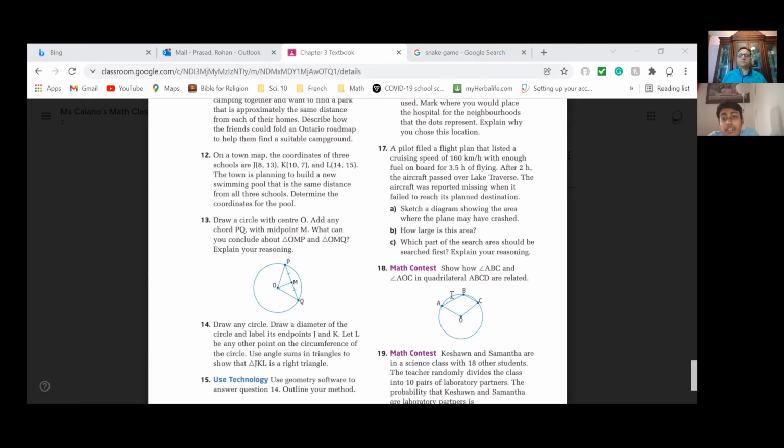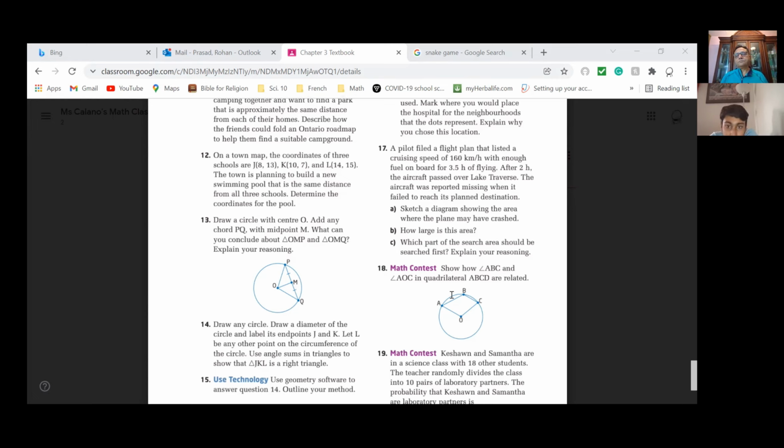After 2 hours, the aircraft passed over Lake Travis. The aircraft was reported missing when it failed to reach its planned destination. Sketch a diagram showing the area where the plane may have crashed. How long is this area and which part of the search area should be searched first? Correct. What is going to be your approach?